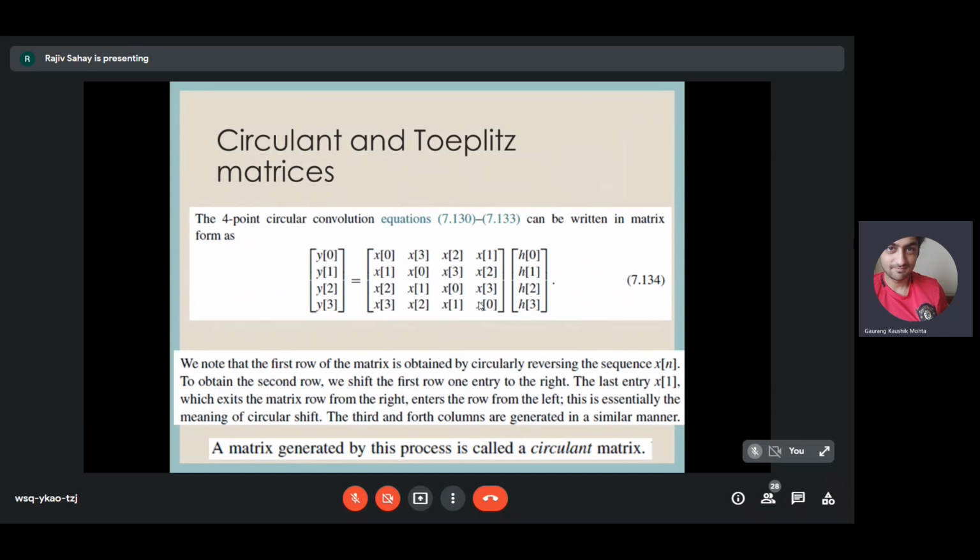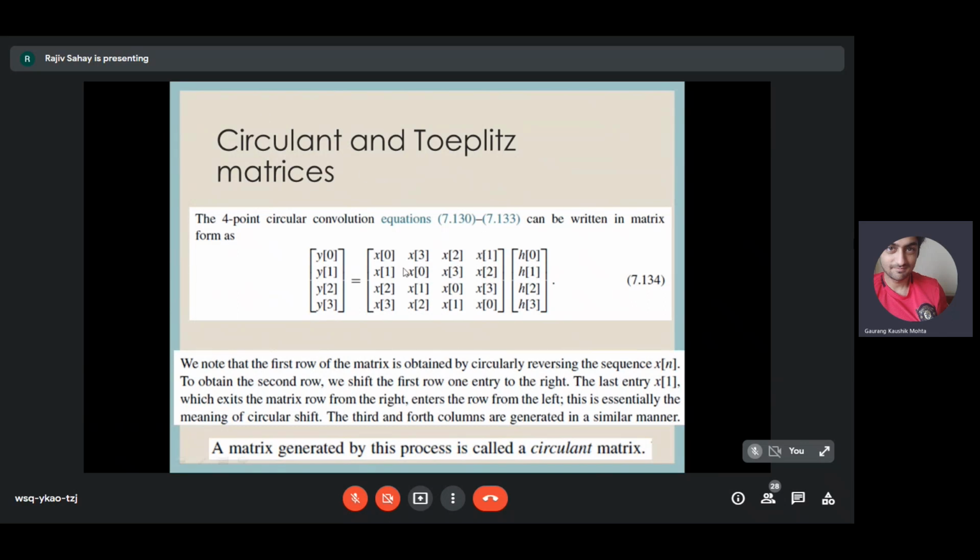So the convolved output y of n can be obtained as a matrix times a vector. You can arrange the elements of x in a matrix, and the matrix will have equal diagonal and subdiagonal elements, so it is a Toeplitz matrix. Because we are doing a circular convolution, the matrix, apart from being Toeplitz, is also circulant. What is circulant?